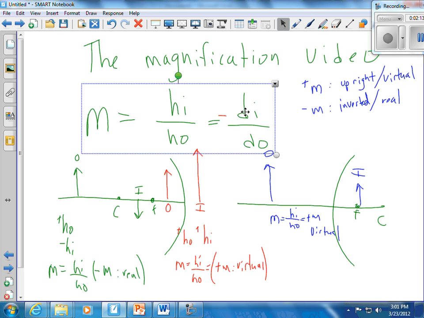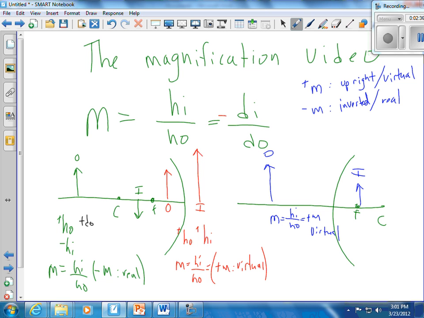Now, looking at the equation for distances, I've only done heights in this, or sizes. With distances, we are going to make DI positive for a real image. So if you look at this green one again, maybe what I should do is erase all of the H. I kind of want to leave it so you can see it, but it's going to make things a little uglier.